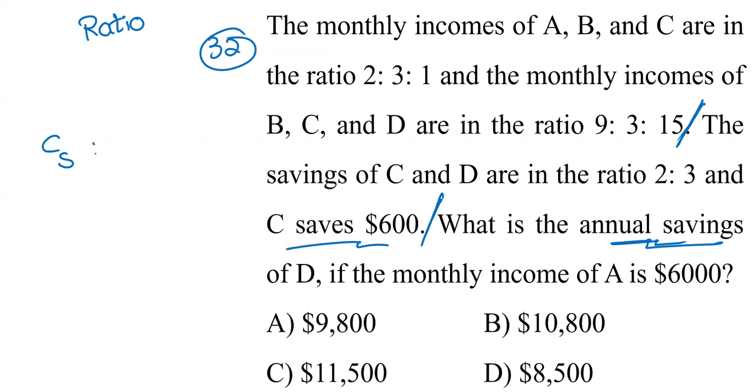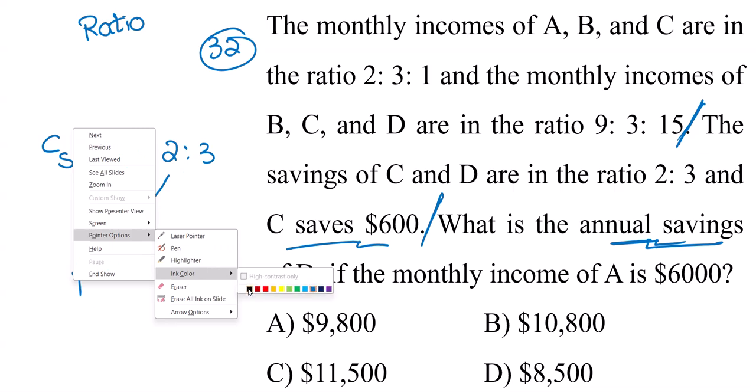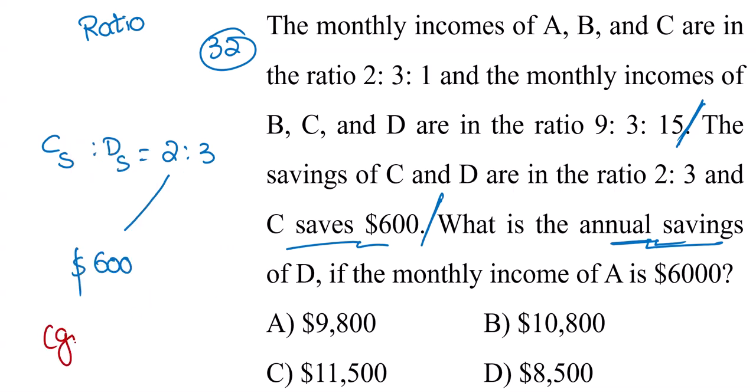C saving to D saving is given as 2:3. C saving is $600, which is given in the question. So we can multiply by 300. Then D savings will be 3 into 300, which means $900. This is per month.